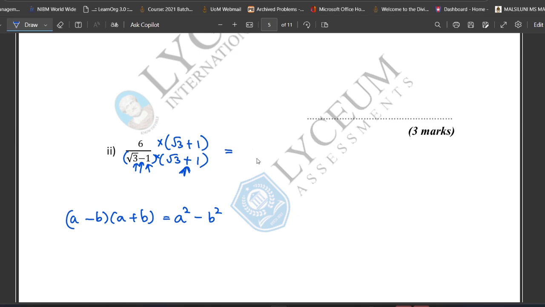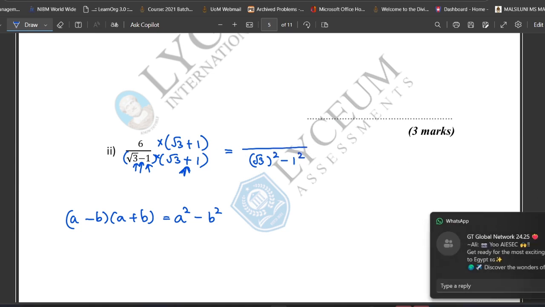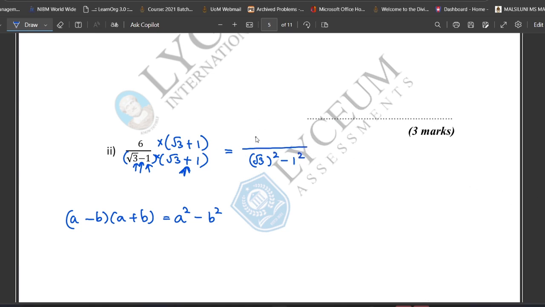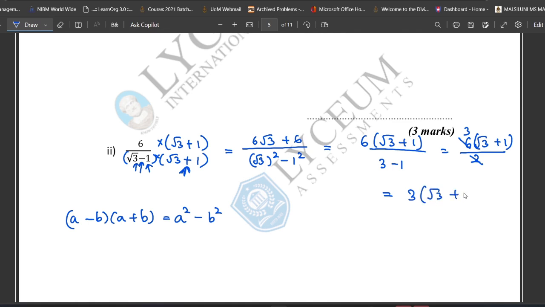Similar to that, in the bottom we get root 3 squared minus 1 squared. And in the top part we get 6 root 3 plus 6. So now, if we can get 6 out, it will be cleaner. 3 minus 1. 6 times root 3 plus 1 over 2. So final answer is 3 times root 3 plus 1.